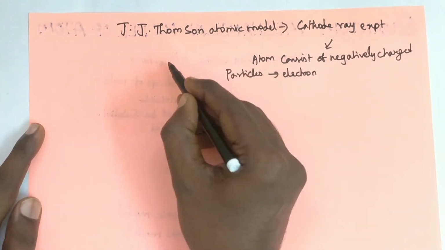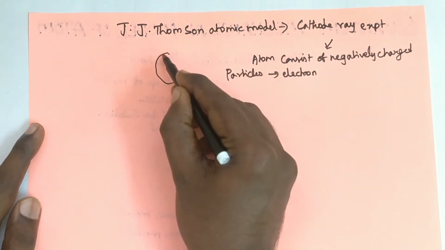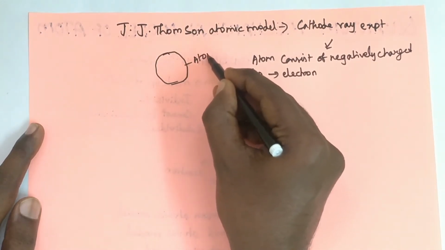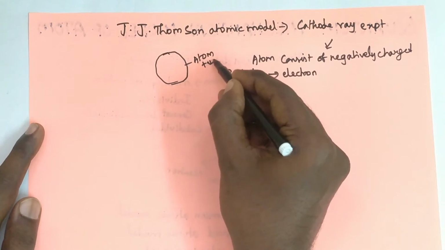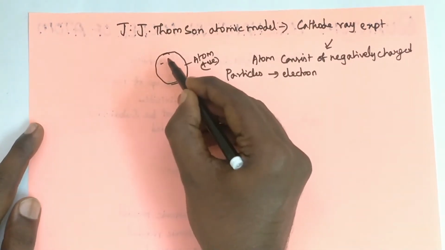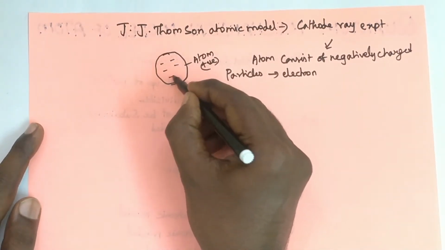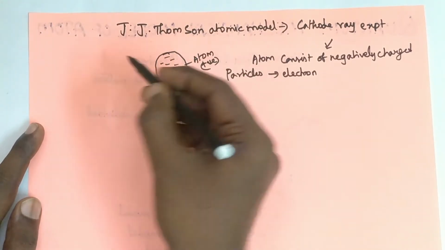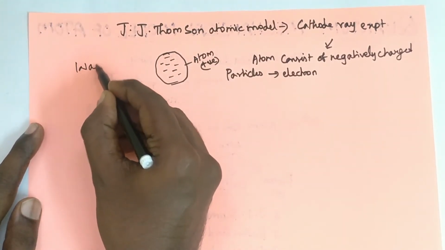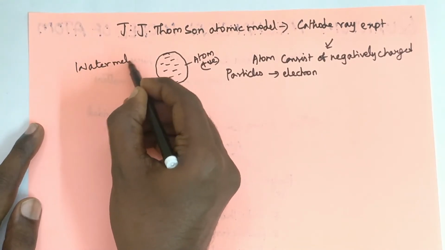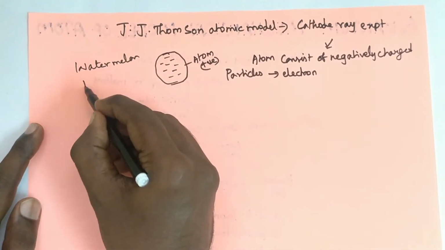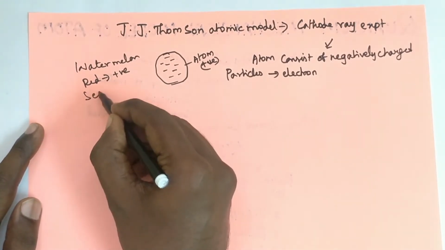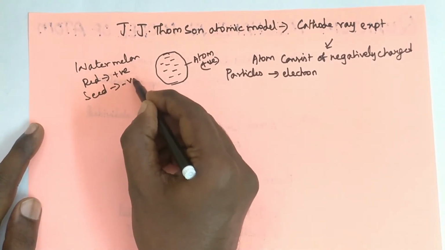He also said that atoms are made up of a positive sphere in which electrons are embedded, similar to a watermelon. In a watermelon, the red fleshy parts are positive and the seeds are negative.